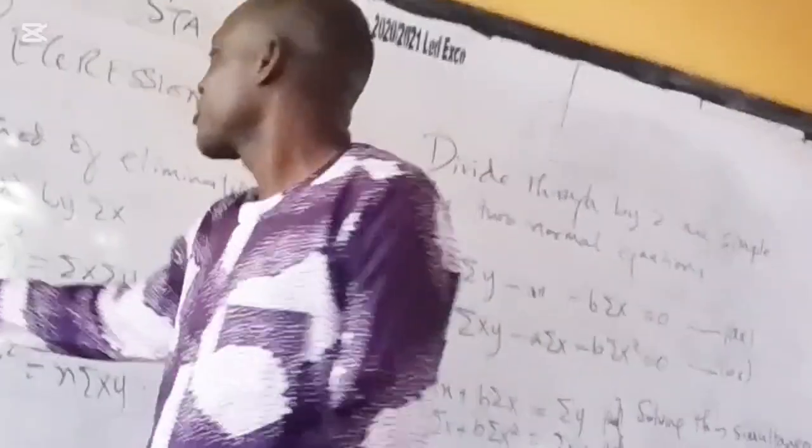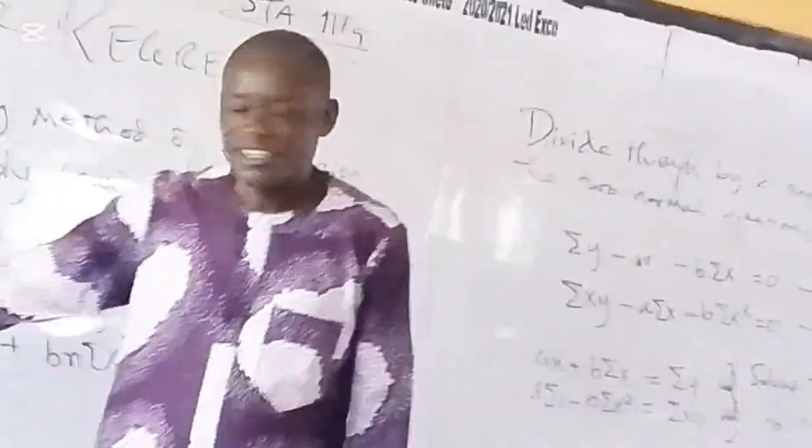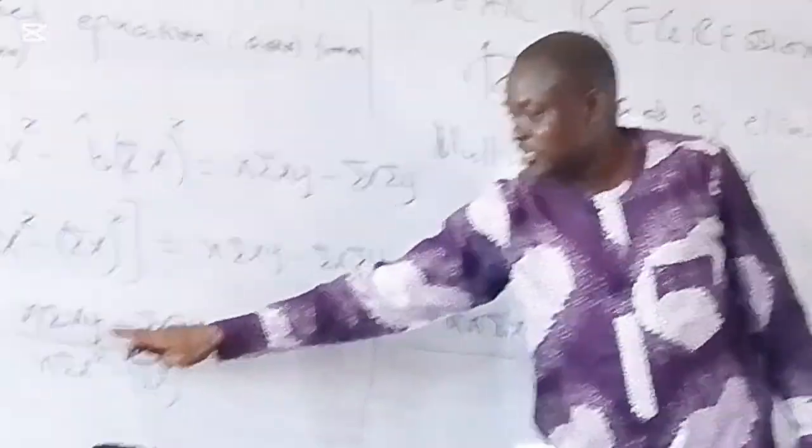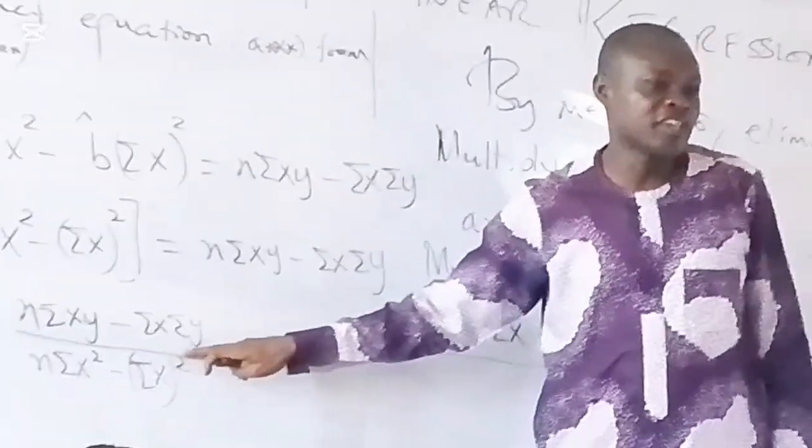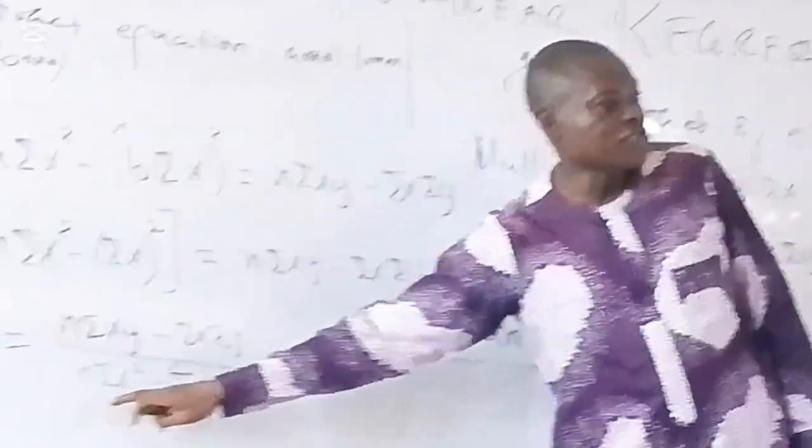This is the first parameter of the model, called the slope. The first one is the slope.